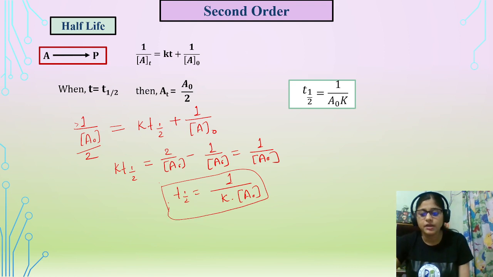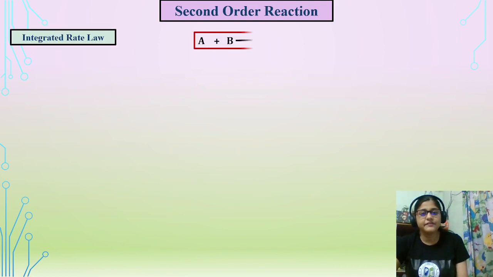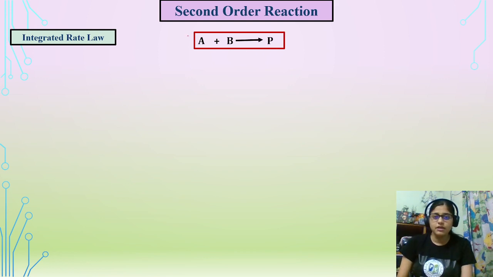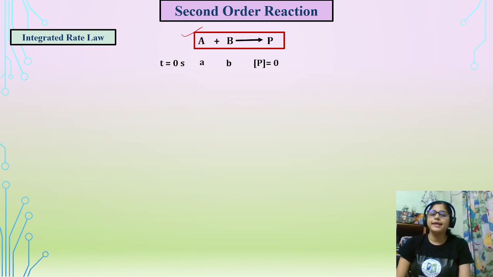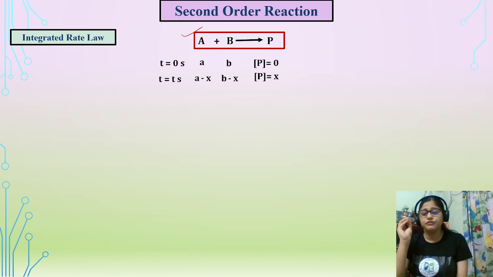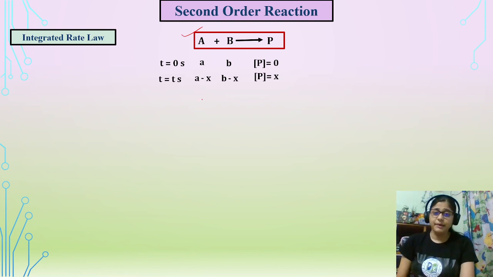Okay, clear. Next, the integrated rate law for A plus B giving P. This is another type of second order reaction. At t equal to 0, let's say the initial concentration of A is small a, and B is small b, and initially P is 0. At t equal to t seconds, A will be a minus x, B will be b minus x, and the product will be x. Clear?